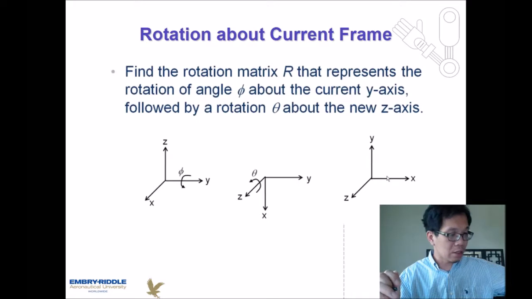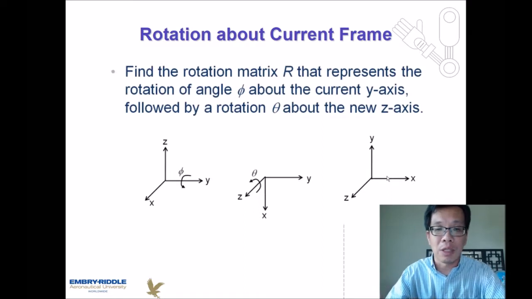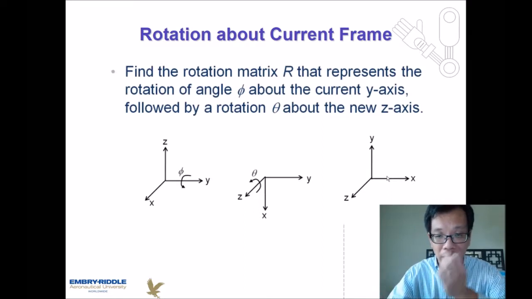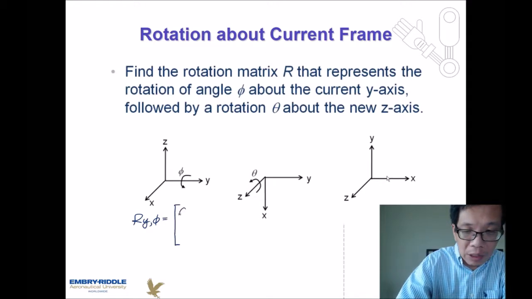So let's look at this one over here. If we are finding a rotation matrix that represents the rotation angle phi about the current y-axis, followed by a rotation theta about the new z-axis, then when we are dealing with this one, we have R_y(phi). That is going to give us cosine phi.